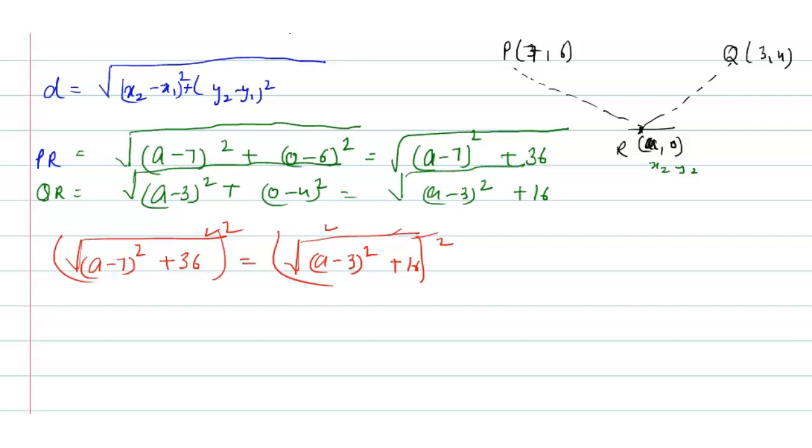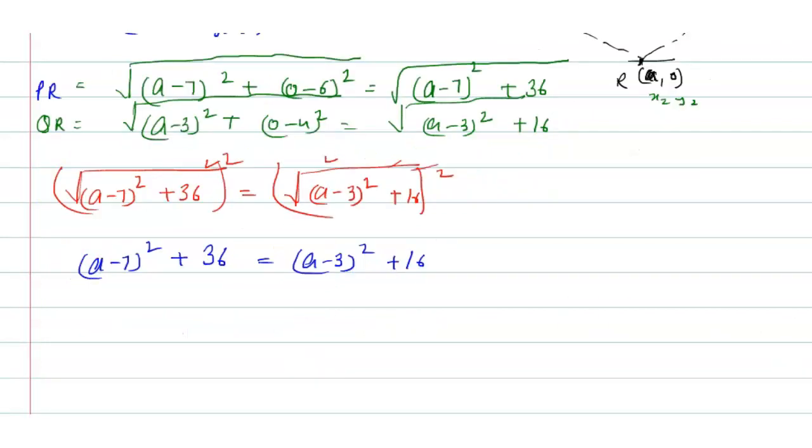So we have the equation (a − 7)² + 36 = (a − 3)² + 16. Now simplify this by using the identity (a + b)² = a² + b² + 2ab.